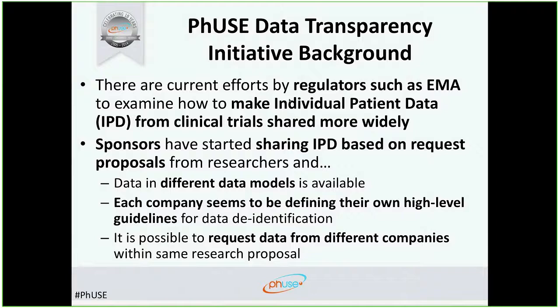At the same time, many sponsors were starting their own data sharing initiatives through portals, through putting a research request process in place, and so on and so forth. GSK and Roche started the whole process, I think, back in 2013, and then I think 20 to 30 companies have followed since then.